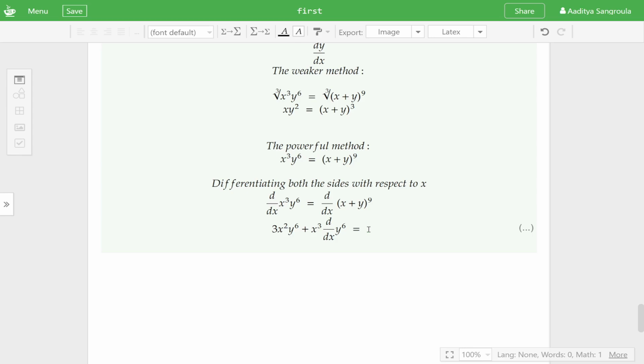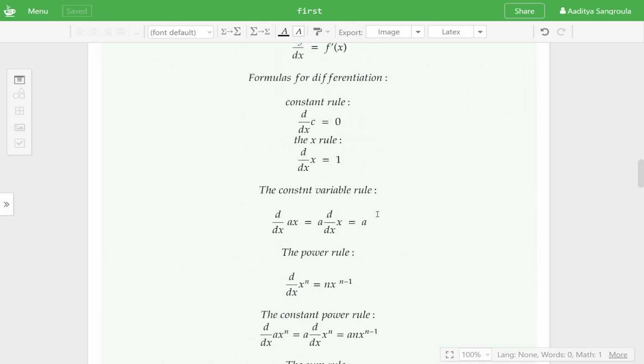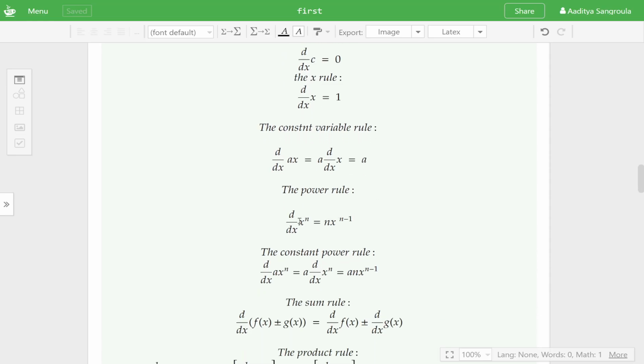And for this, we can directly use the power rule, but for the power rule, we should have the base equal, like x plus y here should be equal to this x over here. That is what the power rule says. So if we look at the power rule, the derivative of x to the nth power is equal to n times x raised to the power n minus 1 only when the bases are equal.